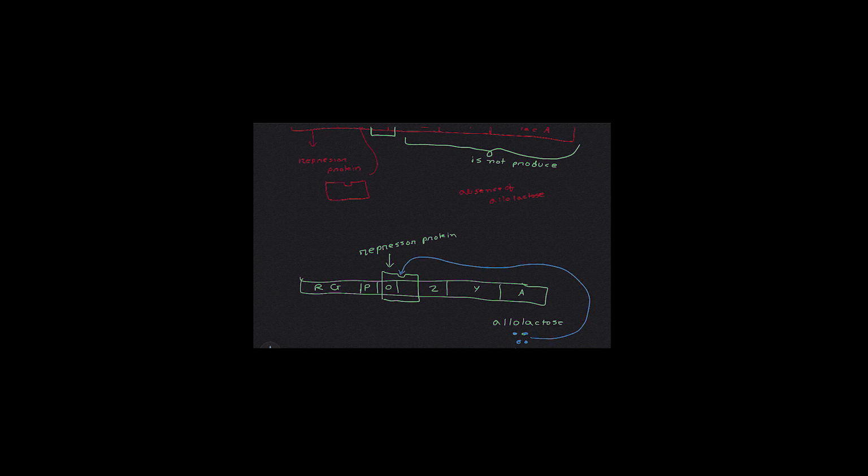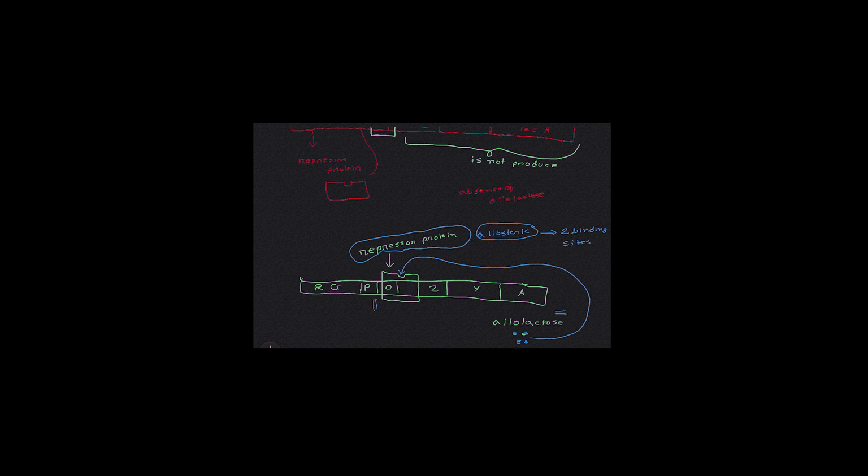Now, our repressor protein is what we call allosteric. That is, it has 2 binding sites. One for allolactose and one for the operator region of our DNA.